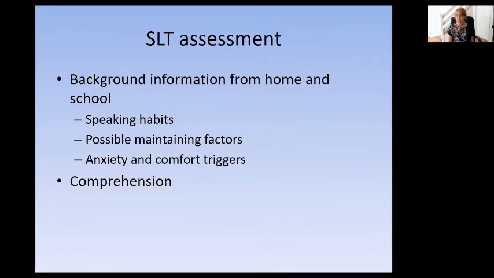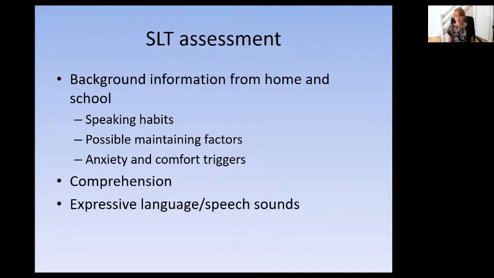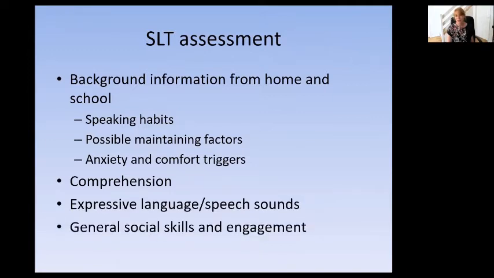If the child engages with us, then we will assess what their language comprehension skills are like, so how well they understand instructions and questions, what their expressive language skills are like, or their speech sound development, so how well they communicate, and what their general social skills and engagement are like in a situation where they do feel comfortable.